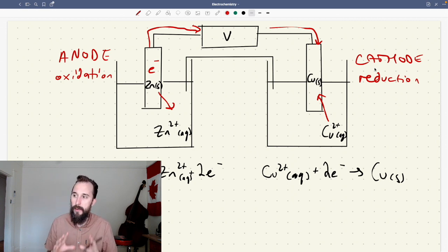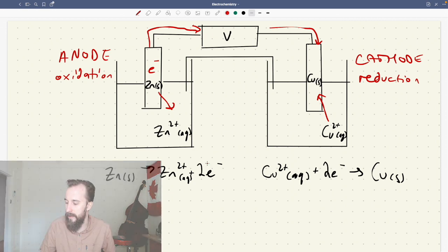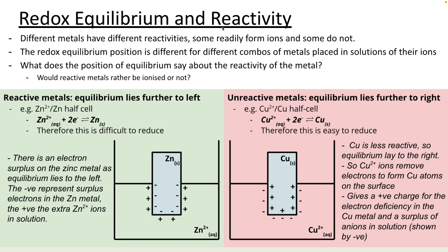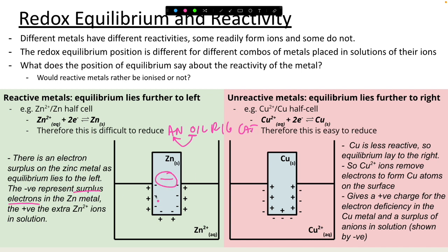Now here's something very important, which is different to the electrolytic cells. Unlike our electrolytic cells, where the positive electrode is the anode, in this instance we have oxidation occurring at the anode, so our anode has the surplus of electrons. So our anode ends up being the negatively charged electrode.